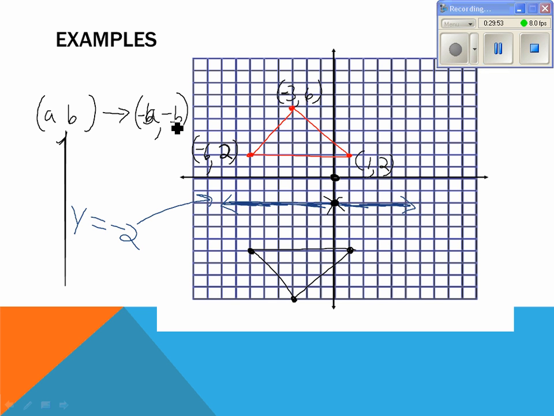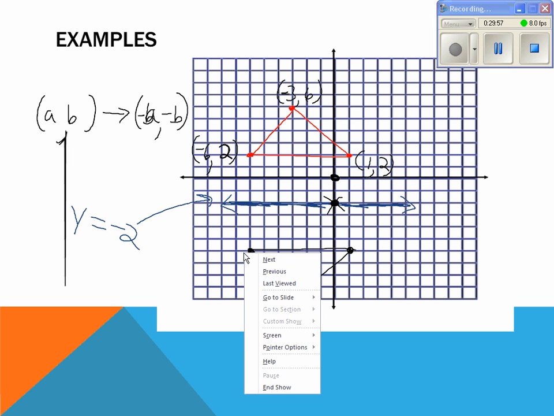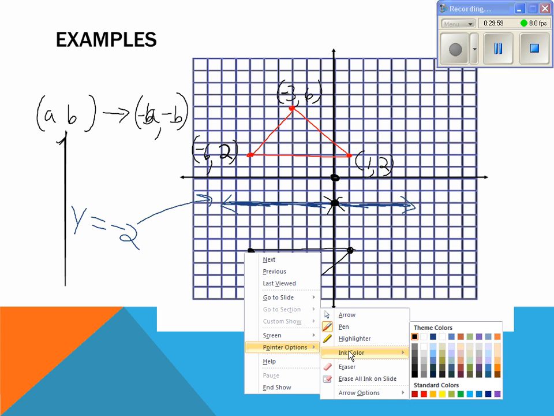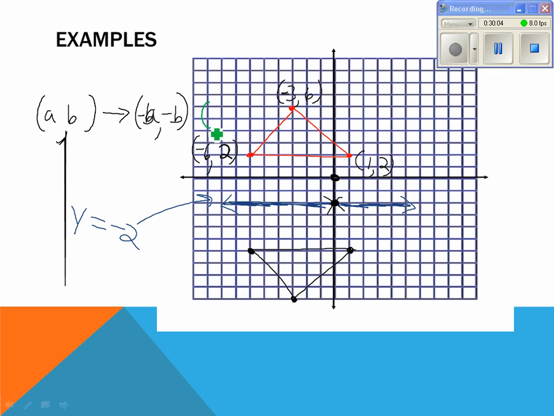So what's this new one gonna be? 6, -2. Let's do green. What's this new point gonna be? 6, -2. 3, -6. How about this one? -1, -2. Then regraph all those. 3, -6 is gonna be right there.